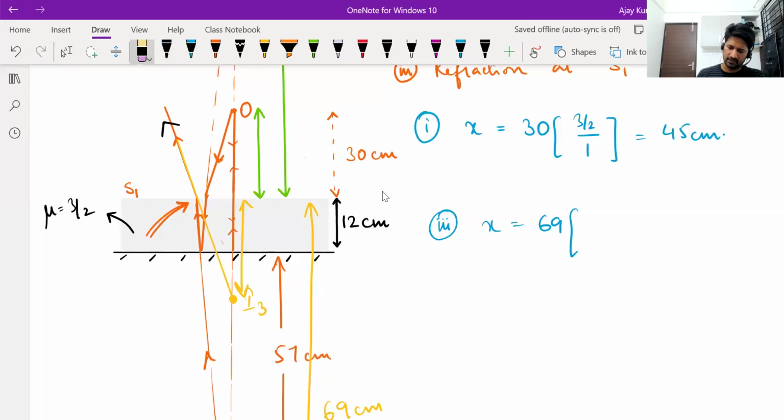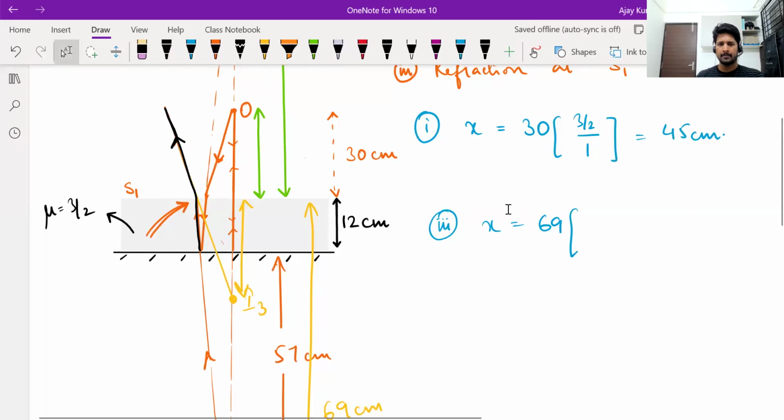For the final refraction, where light is leaving the glass slab, it's coming from here and bending like this. How much should we take mu1 and mu2 as? Sir, mu1 is 1 and mu2 is 3 by 2. Why?